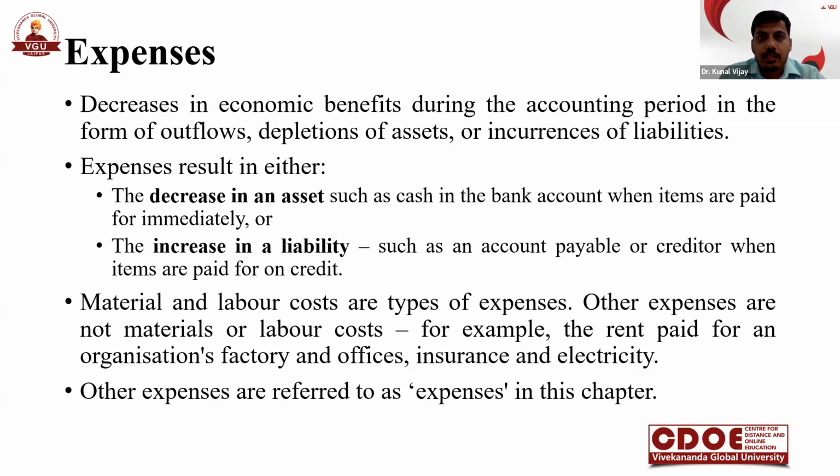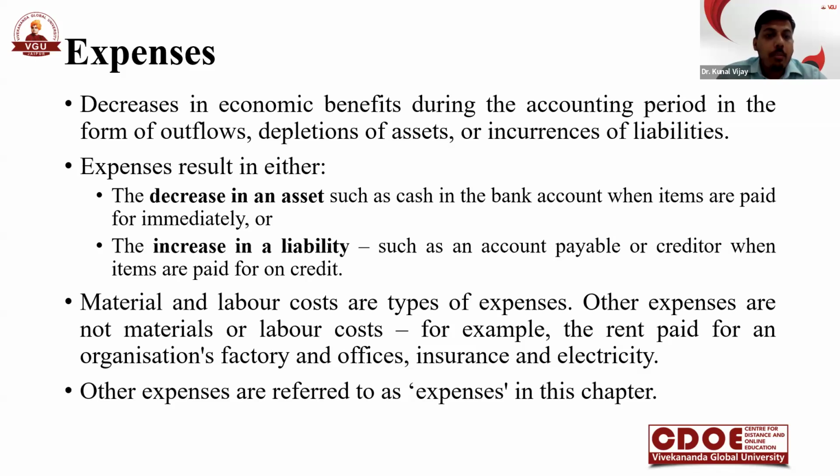Depletion of asset: if an asset is being depreciated, depreciation is also known as expense. And incurrence of liabilities means if you are purchasing on credit, that means liability is being increased. So expenses result in either a decrease in an asset or an increase in liability. So we have understood both the things.